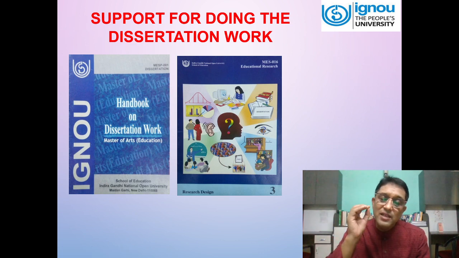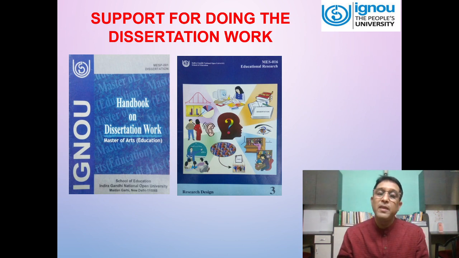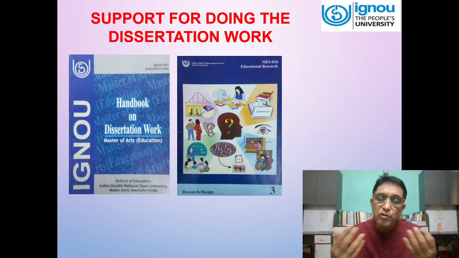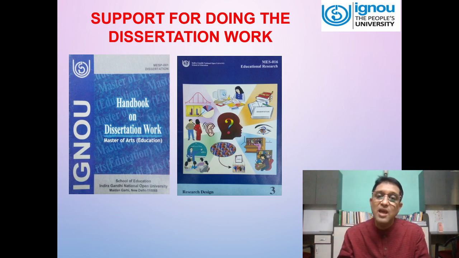You will get a detailed theoretical understanding about conducting educational research: how you will select a problem, how you will write the review of related literature, how you will write the objectives, how you can state the hypothesis, then how you will collect data. For collecting data, how you will prepare the tool, how you will write the items, how you can do the try out of the tools that you have prepared.